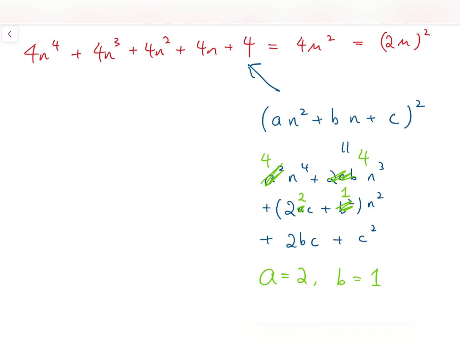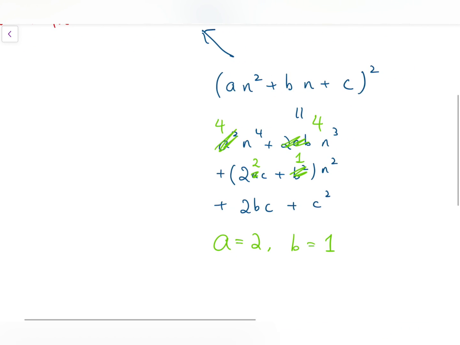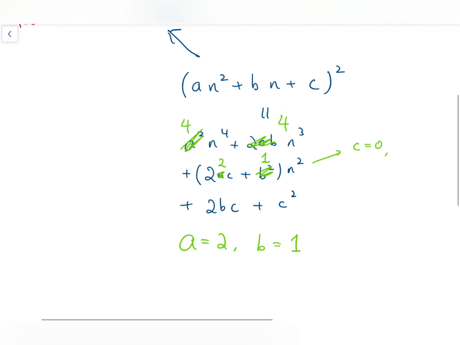Now from this, we have 4c plus 1 times n squared. So it seems unlikely to reach 4n squared at this point. So if c equals 0, then we have n squared for this term.